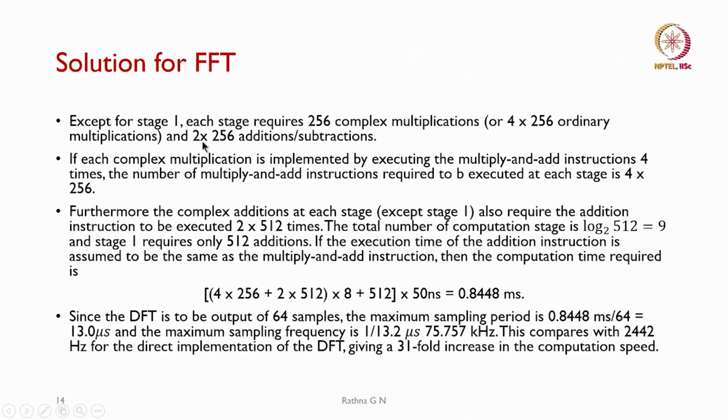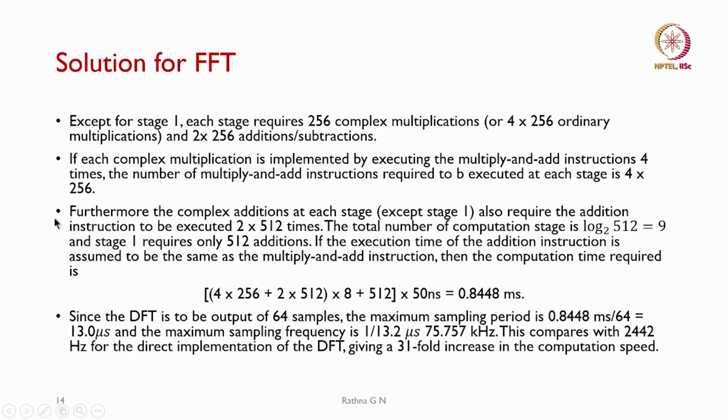Addition causes 2 times 256 additions or subtractions, since each complex addition takes 2 additions, for the rest of the stages. So if each complex multiplication is implemented by executing multiply and add instructions, the number required at each stage is 4 times 256.